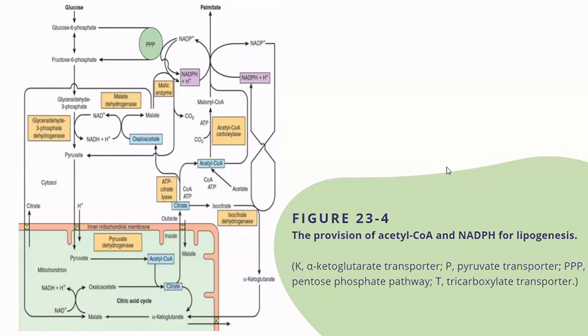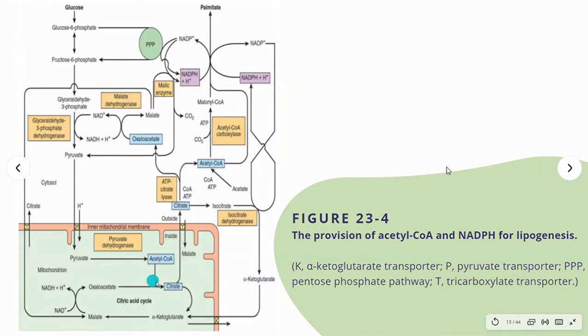Now what is this? The provision of acetyl-CoA and NADPH for lipogenesis. So where does the acetyl-CoA, where does the NADPH come from? All right. You are familiar with this already. This one. That is your mitochondrion. This is only an illustration. This is not how it looks like. Okay.